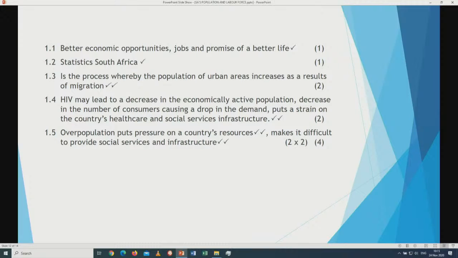Right. For question number 1, the reasons are as follows: better economic opportunities, jobs, and promise for a better life. So these are the reasons that attract people to Gauteng. So any one of those 3 will give you 1 mark.